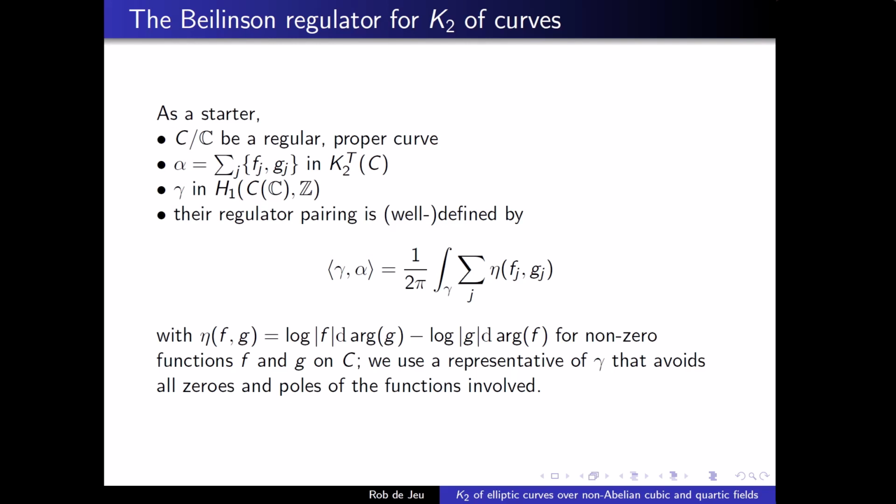The fact that you're in the kernel of the tame symbol means that the residue of this thing at every point will be trivial. So as long as you avoid loops passing through zeros or poles of your functions, you can take any loop on your curve and integrate the one-form, and the result will be independent of the representative of the loop in its class.